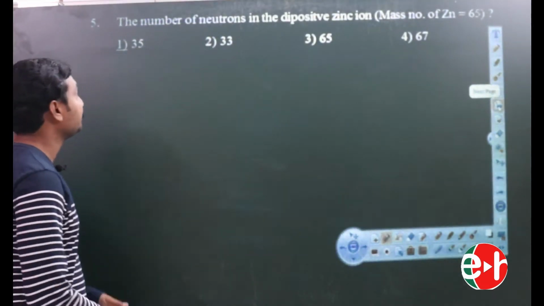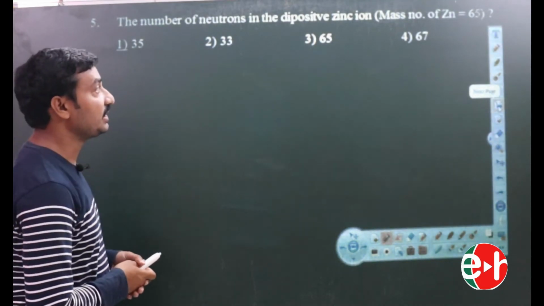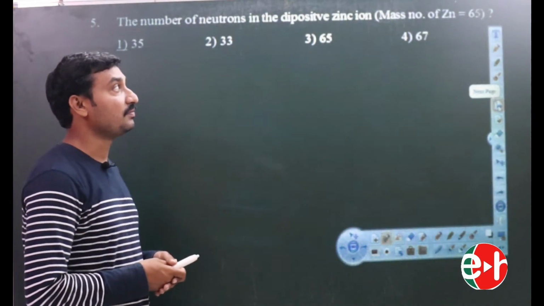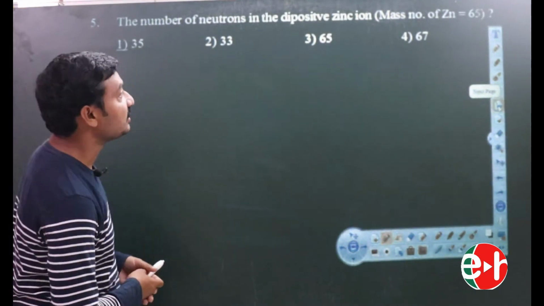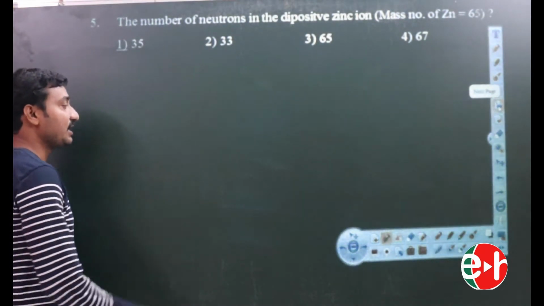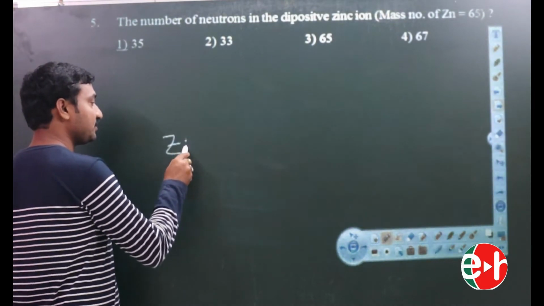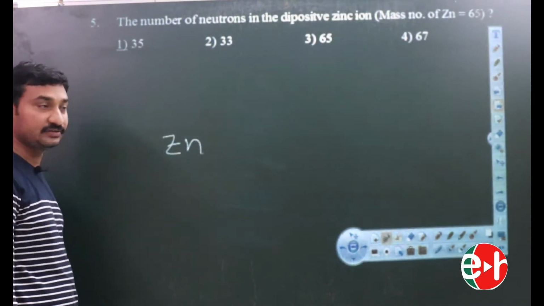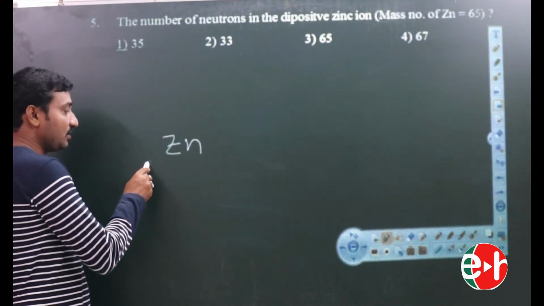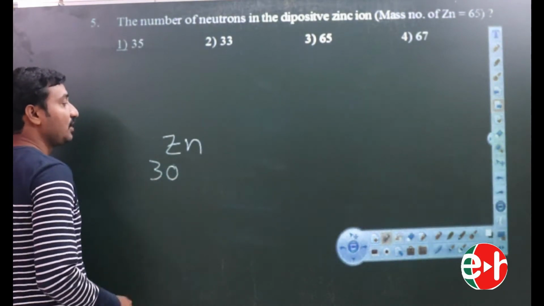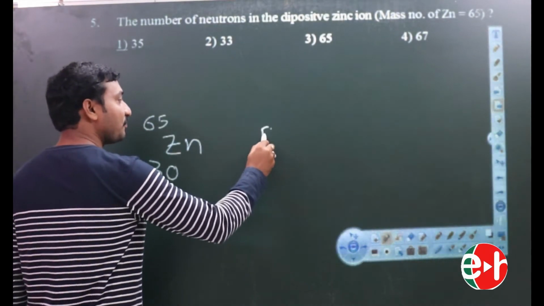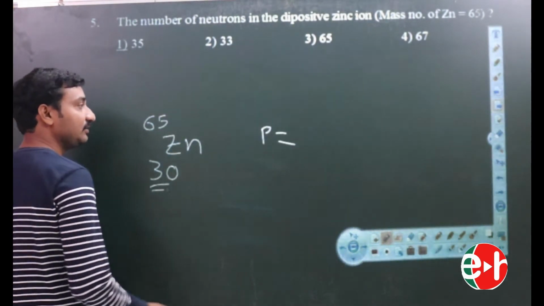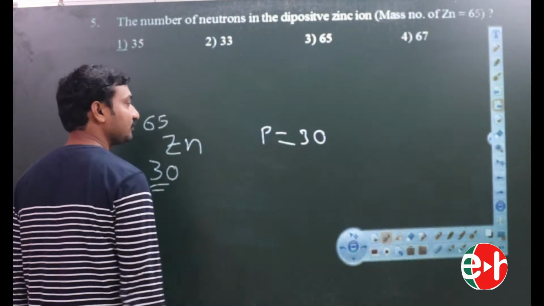See this question. The number of neutrons in the dipositive zinc ion, mass number of Zn is equal to 65. Zn, atomic number 30, mass number 65. In this, number of protons 30.